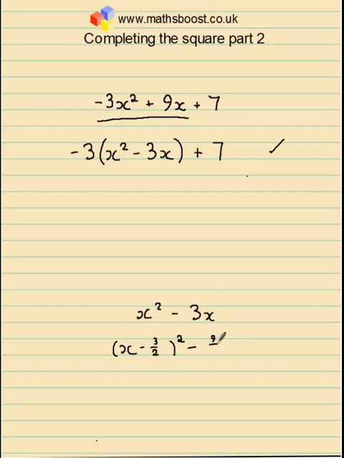You can work with decimals, particularly if you've got a calculator if you prefer. And having successfully completed the square, I can return this to the bracket. Replacing what I have in the bracket with this.